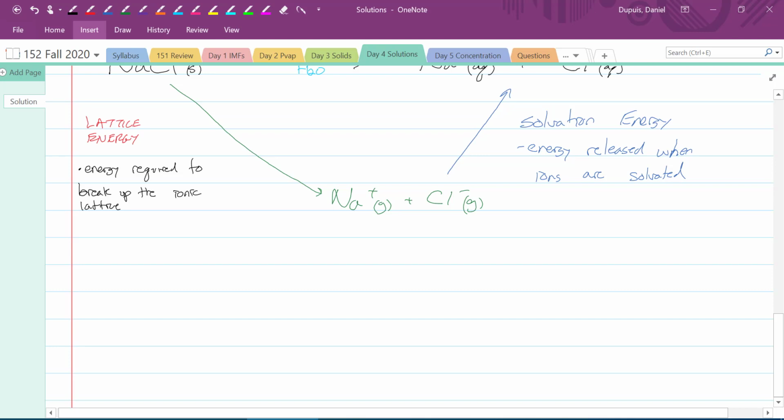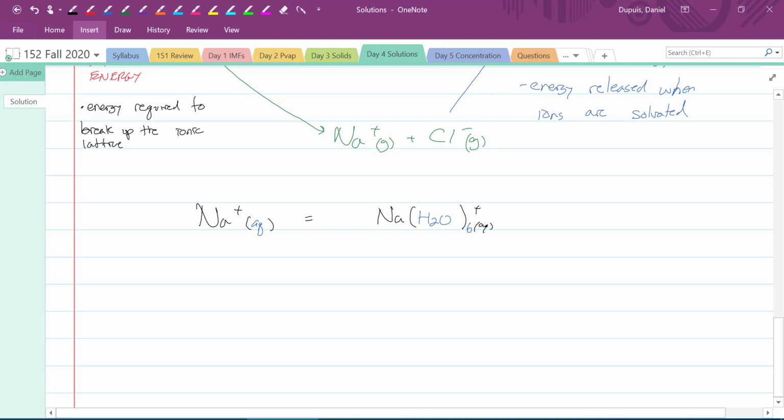When we say Na+ aqueous, it's really the same thing as Na(H2O)6+ aqueous.